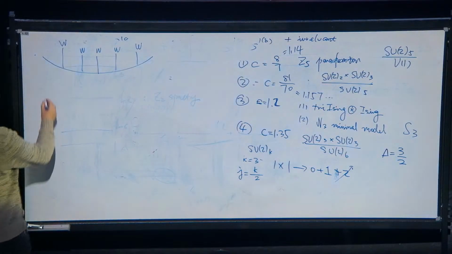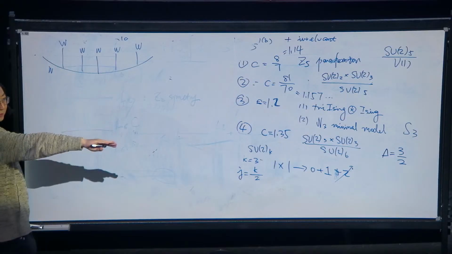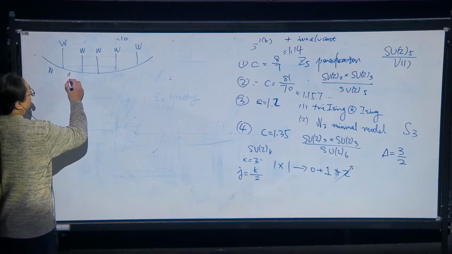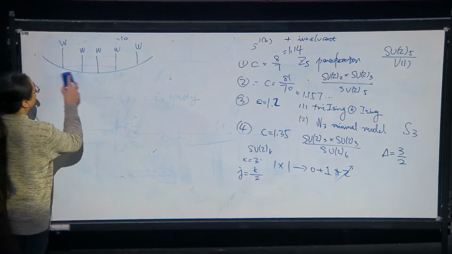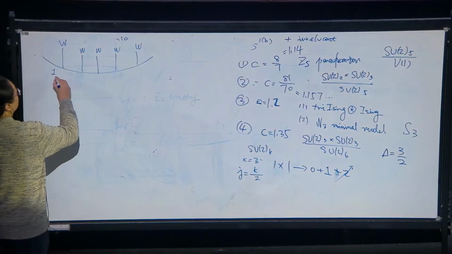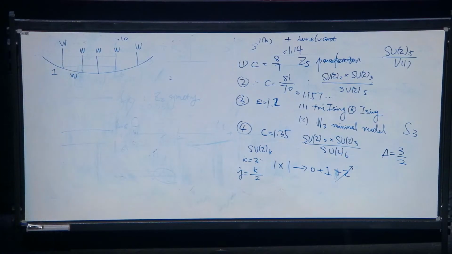If you have a W particle here and you fuse the two of them, you go to the right, and what you can have here is 1 or W, because of our fusion rule, W times W goes to 1 plus W. But on the other hand, if you have a 1 state here and you fuse it, this can only be W. This explains the constraint why up and up cannot be nearest neighbors to each other.